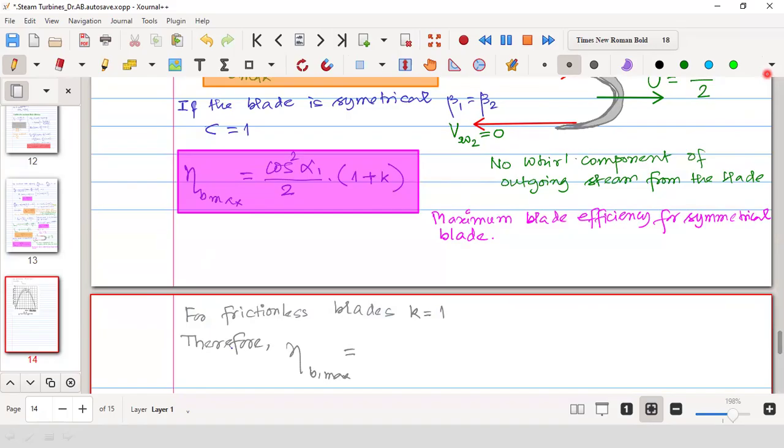So simply it will be cos square alpha 1.